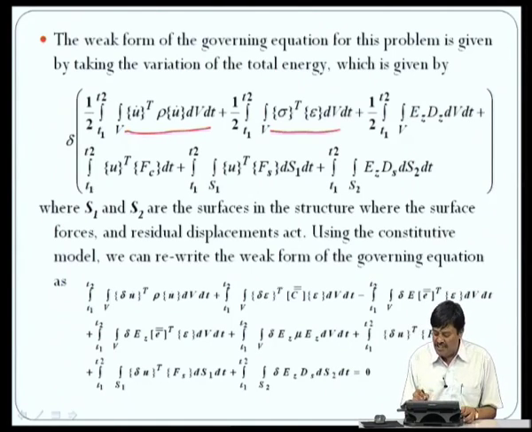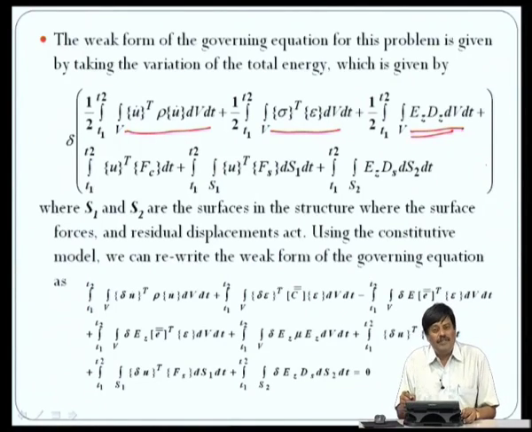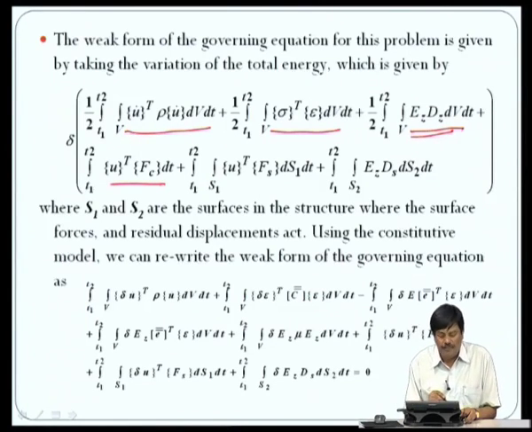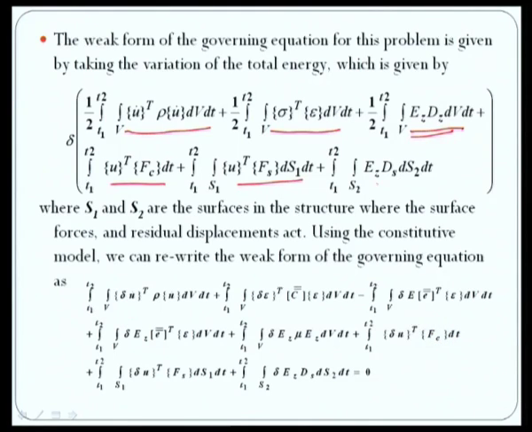This is the strain energy of the system. This is the additional energy that comes into the picture because of the piezoelectric material, coming from the electrical displacement. This is the force vector due to concentrated load, this is due to the surface traction, and this is the additional force that is coming here. Here S1 and S2 are the two surfaces where the surface forces and the residual displacement act.